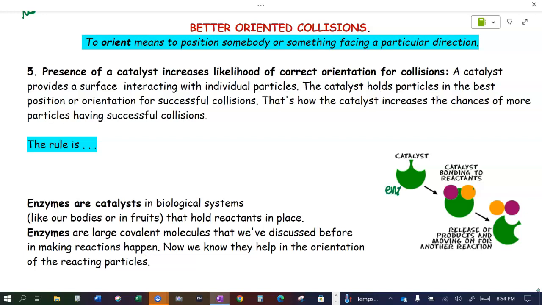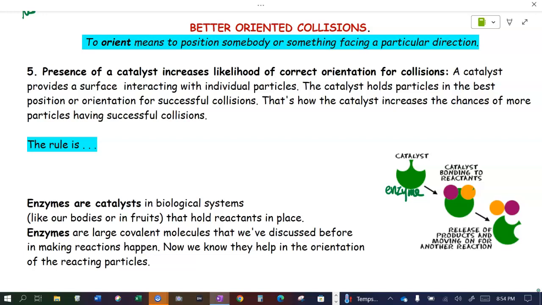So, enzymes in the body are the catalysts that make reactions occur at a physiological temperature, at our regular temperature of 98.6. So catalysts and enzymes are very important in the human body.